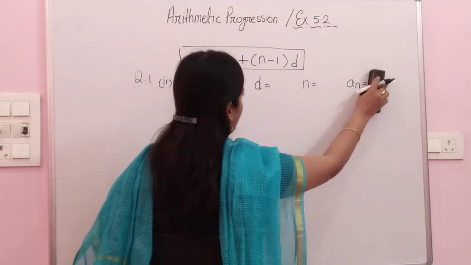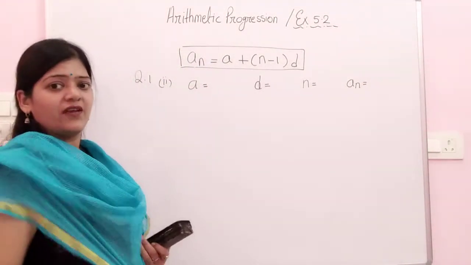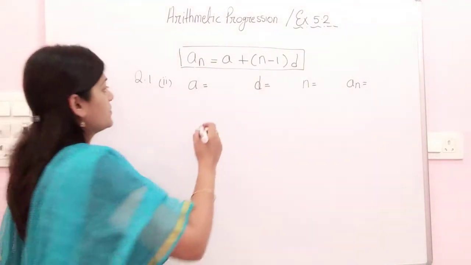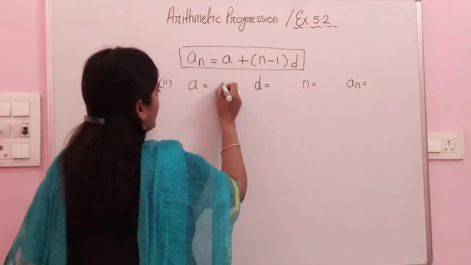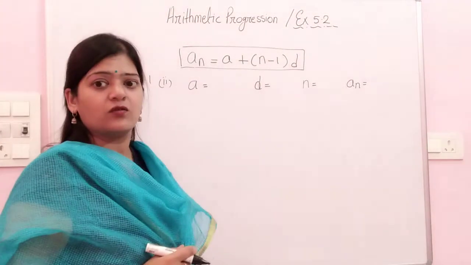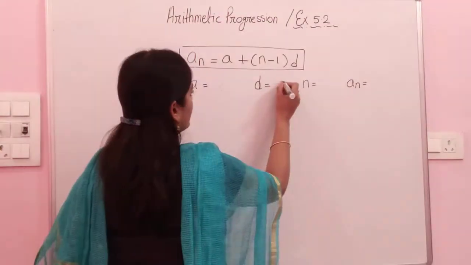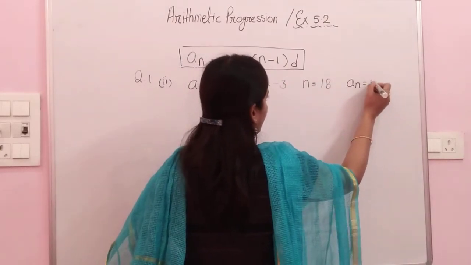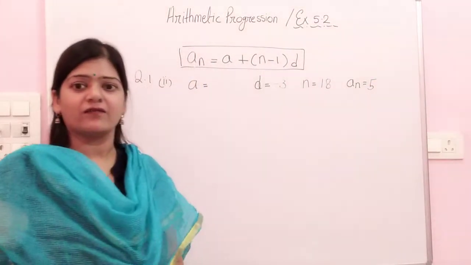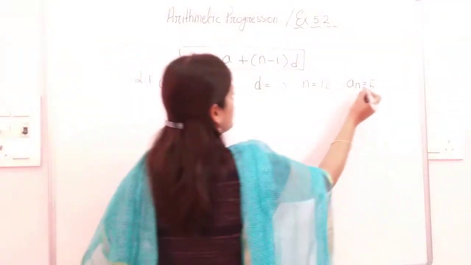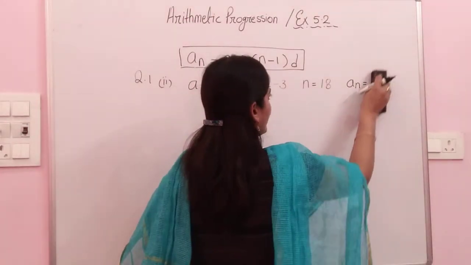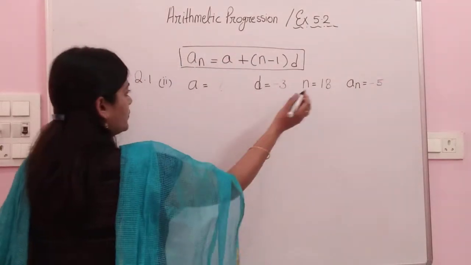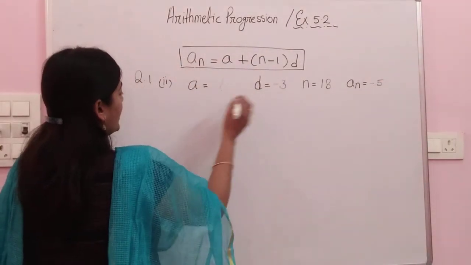In the third part, the value of A is missing. The value of D is equal to minus 3. The value of N is equal to 18 and AN is equal to minus 5. Then put all these values here.